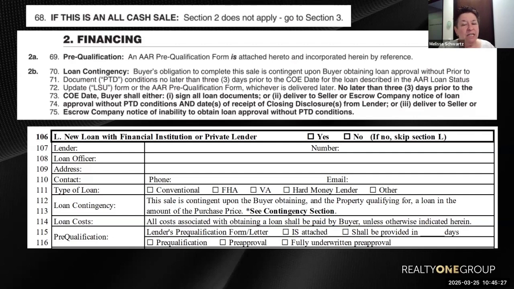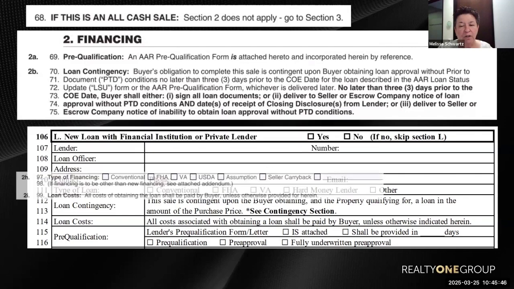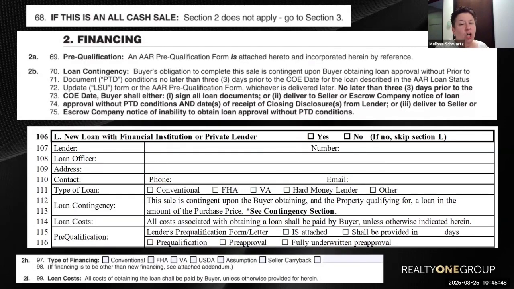Their contingency, they have this sale is contingent upon buyer obtaining a loan for the property. It's contingent on a loan, that's fine, there's a contingency section, but pre-qualification, lender's pre-qualification form or letter, let's see if I highlighted that. Oh, I did not. So this is obviously not the AAR form. They're allowing a lender's pre-qualification form or letter.